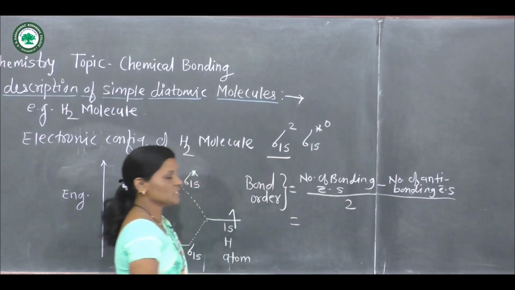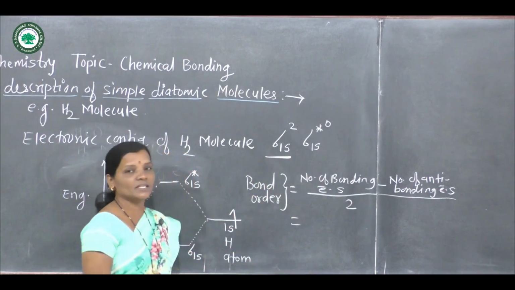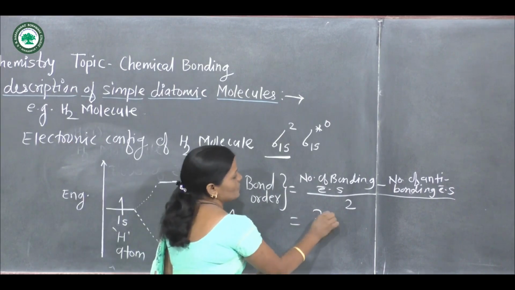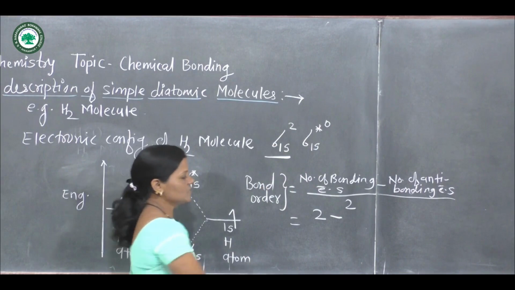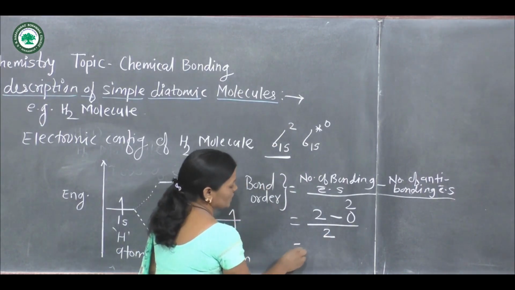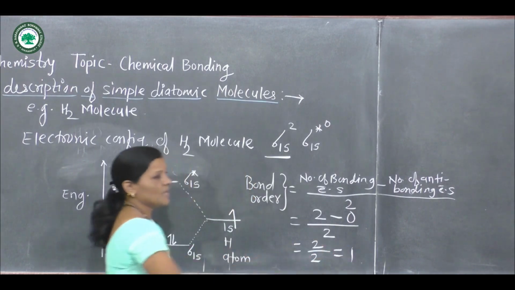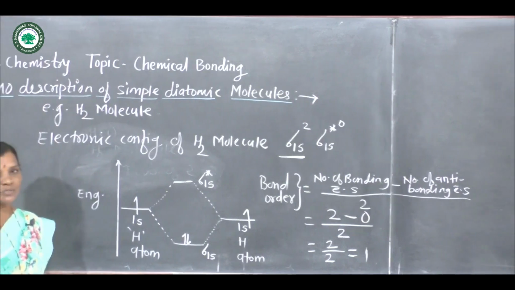Now in case of H2 molecule, there are 2 electrons present in the bonding molecular orbitals. So here 2 minus, the anti-bonding molecular orbital is empty, that is 0. Now divided by 2, so 2 divided by 2 will give us 1. That is, bond order in H2 molecule is 1.